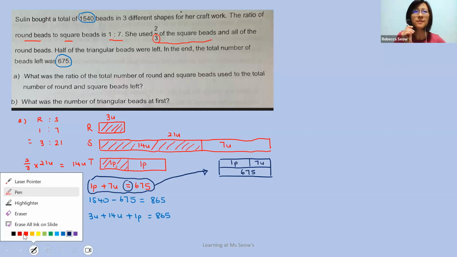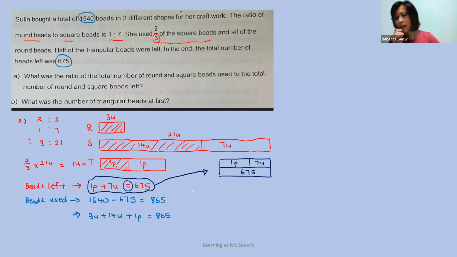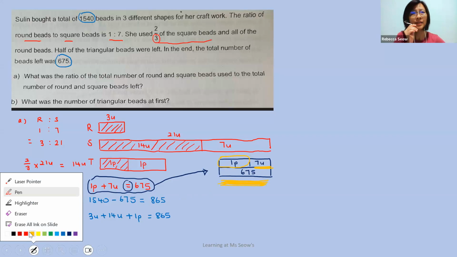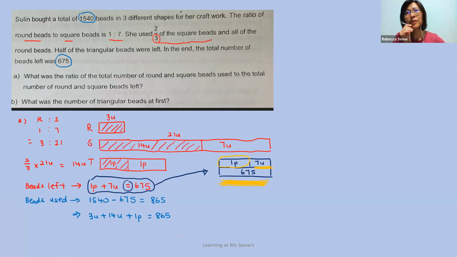If I were to ask you, how would we represent 1 part? 1 part would be made up of the difference between 675 and 7 units. So we could rewrite this as 1 part equals 675 take away 7 units. This is key. It's key because we can use it to replace this.